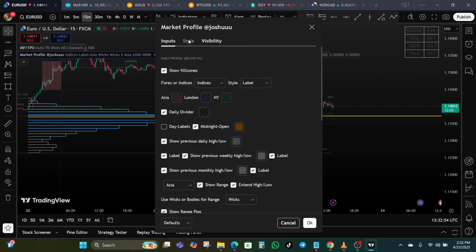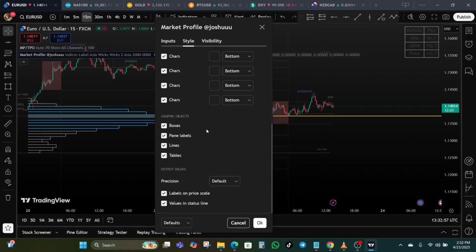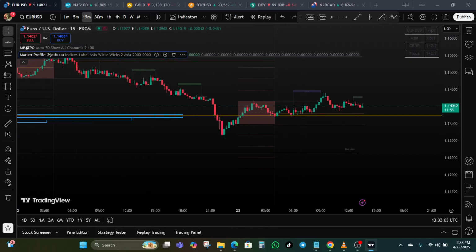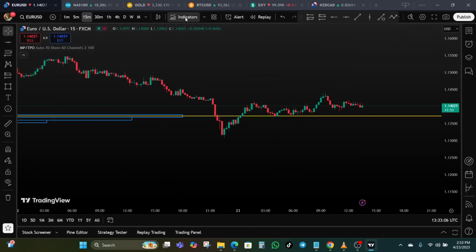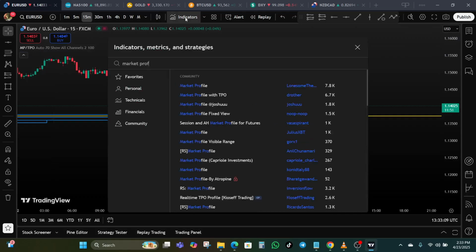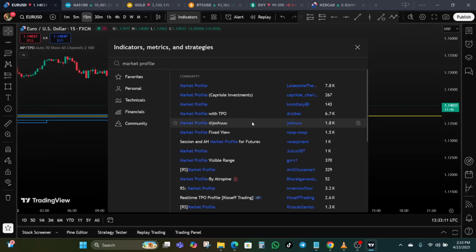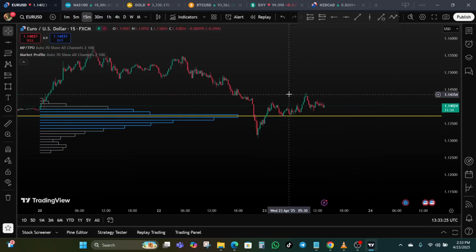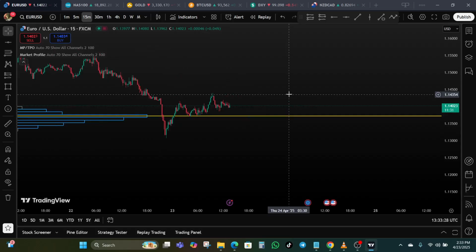Let's try out another market profile indicator. I want to make this easier for you. Let's see if there is a particular indicator that can give us additional information that you can see on your chart.